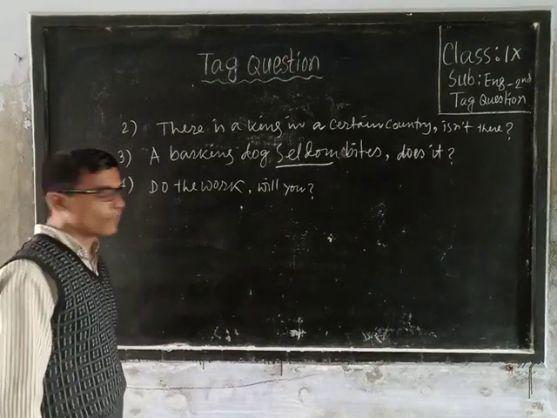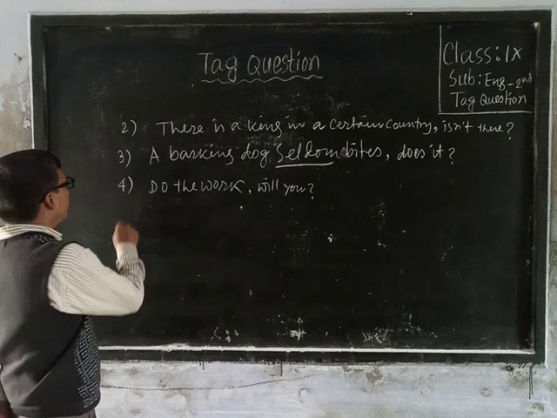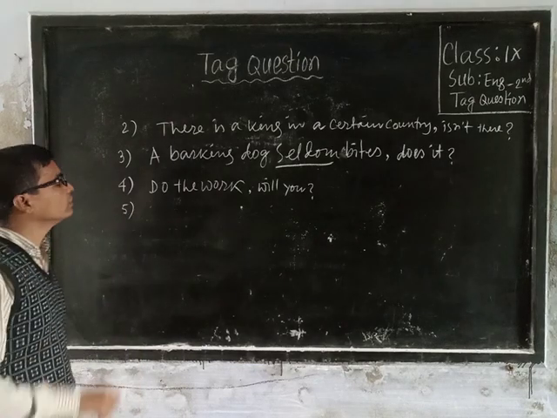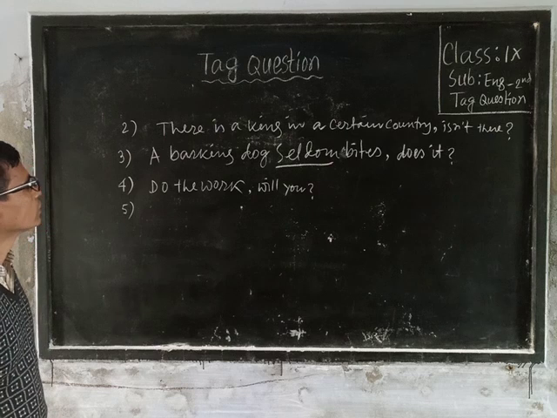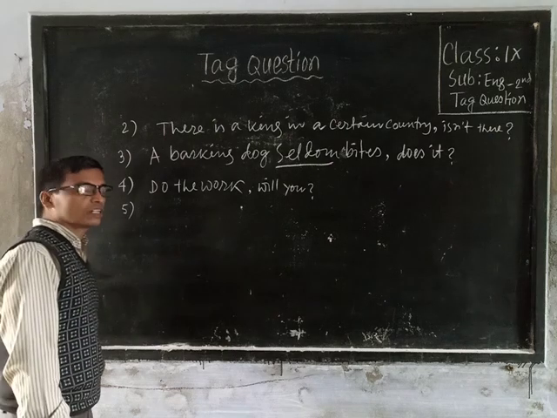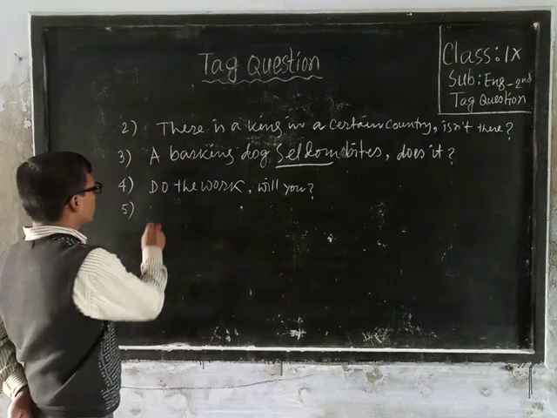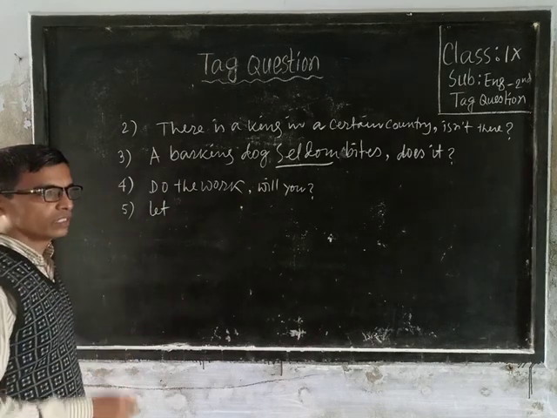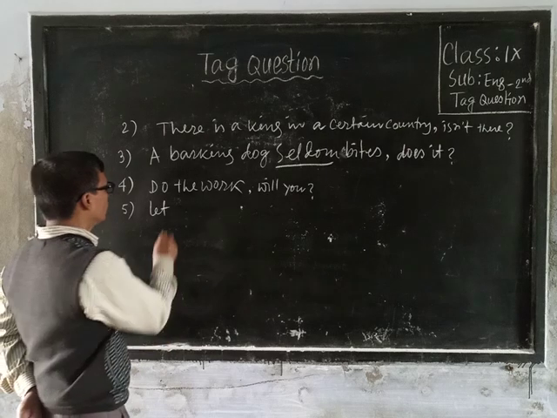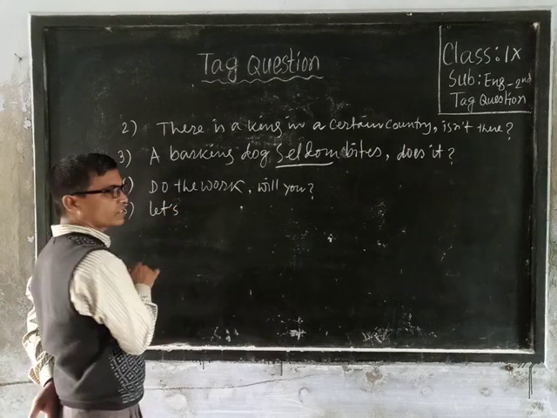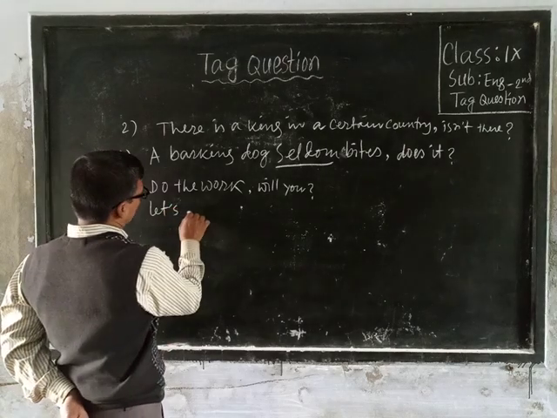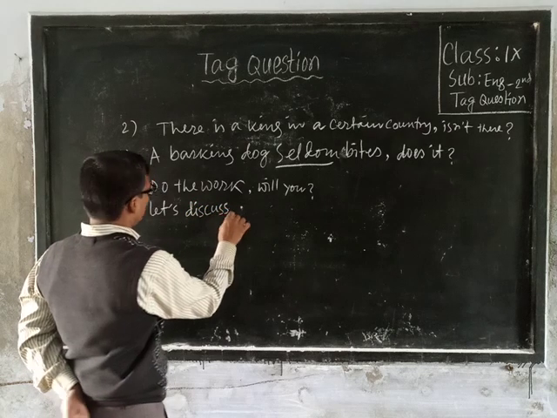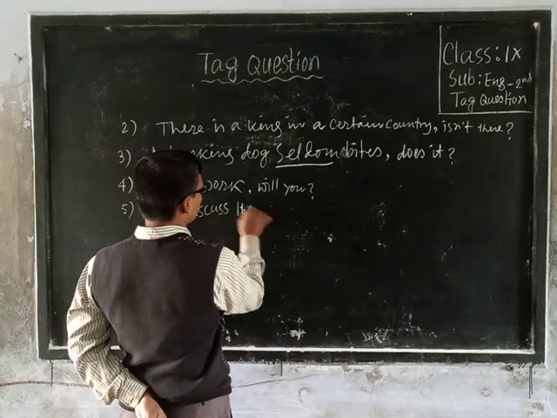Okay dear students, and now we will see another one. If the sentence is started with "let us", how can we make this into a tag question? Let us discuss the matter.